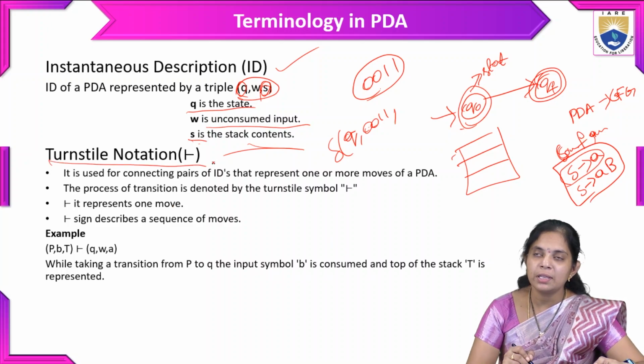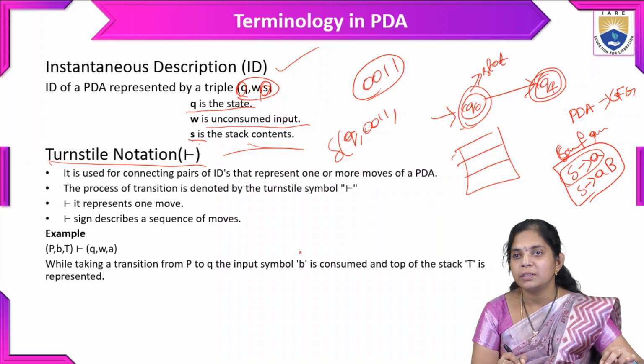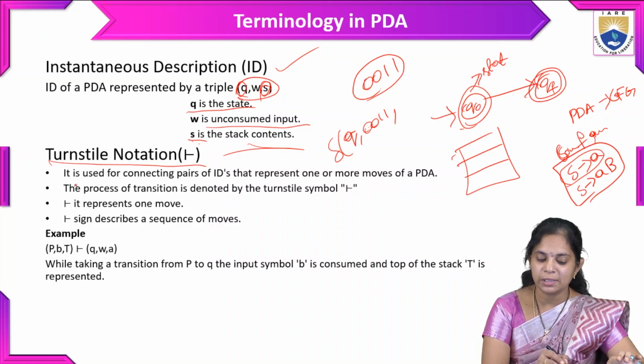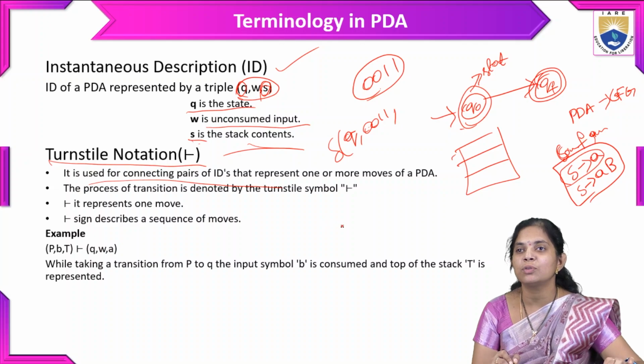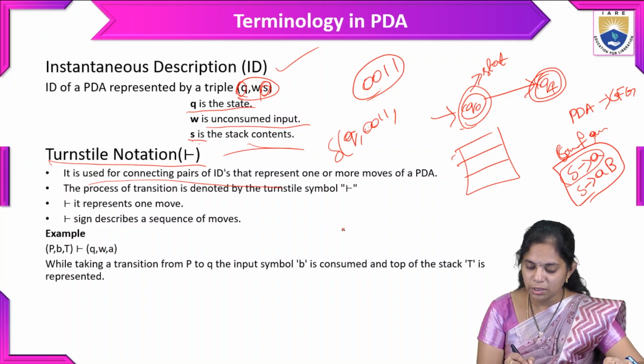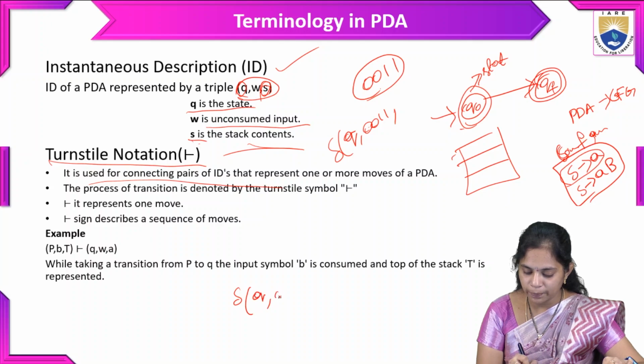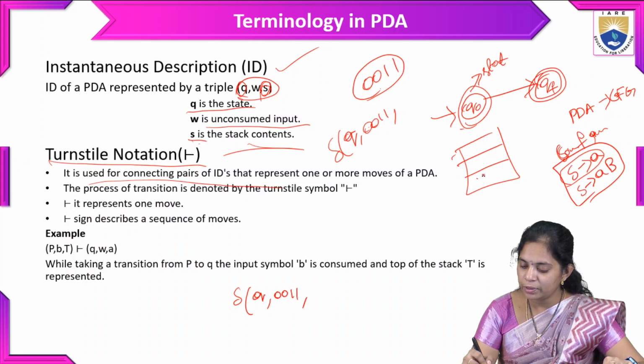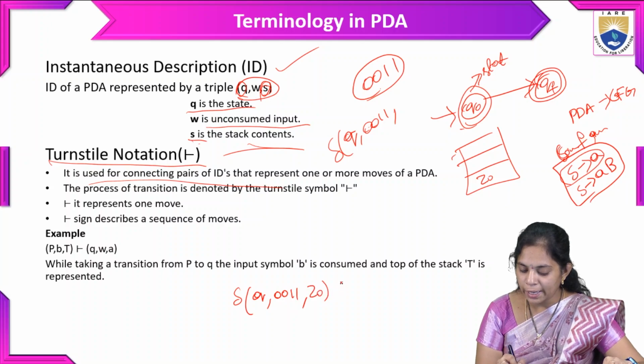And here is the turnstile notation. What is meant by turnstile notation? It is used for connecting the pairs of IDs. Suppose I write one ID with the same example, 0011, and the top of the stack symbol is initially represented with Z0.